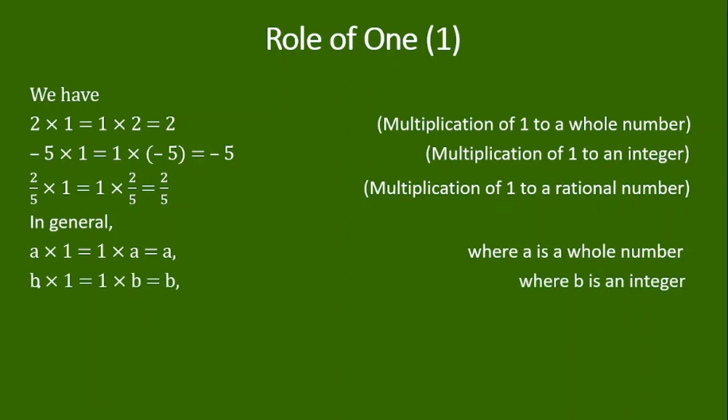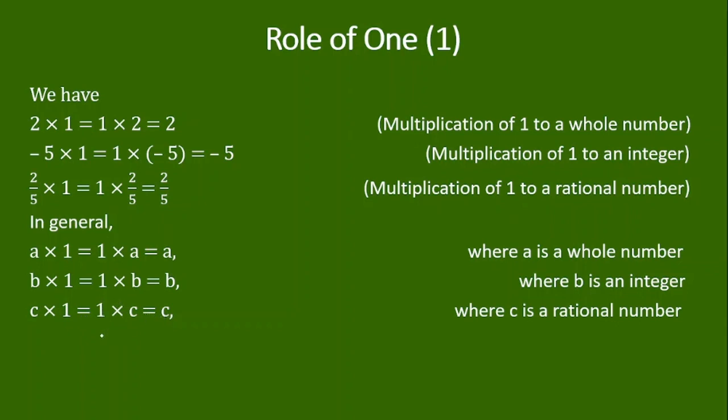Similarly, if b is an integer, then b multiplied by 1 is equal to 1 multiplied by b is equal to b. So again, if I multiply 1 with an integer, I get the same integer. Similarly, for a rational number, c multiplied by 1 is equal to 1 multiplied by c is equal to c.